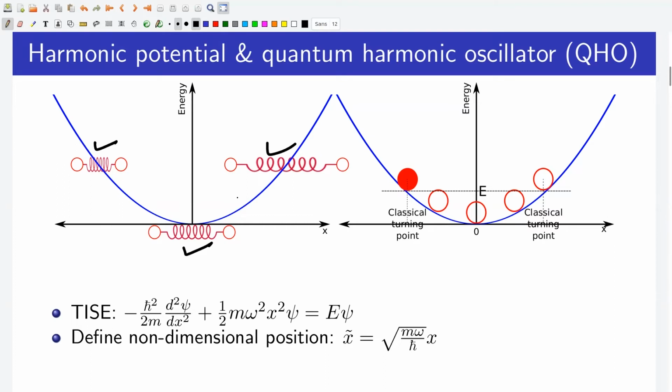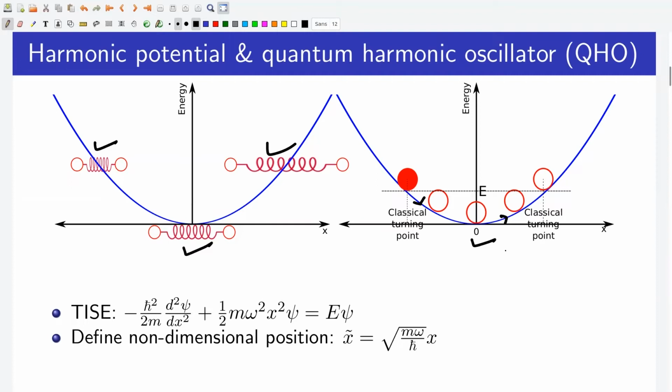You can also think of a ball rolling down as shown in this figure. At x equal to 0, it has 0 potential energy, and kinetic energy is equal to the total energy. The potential energy increases quadratically away from x equal to 0.